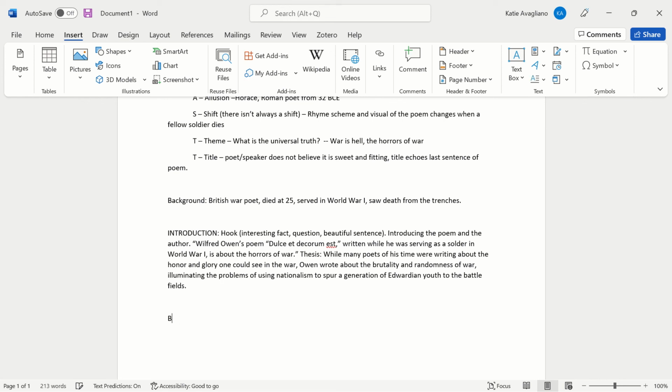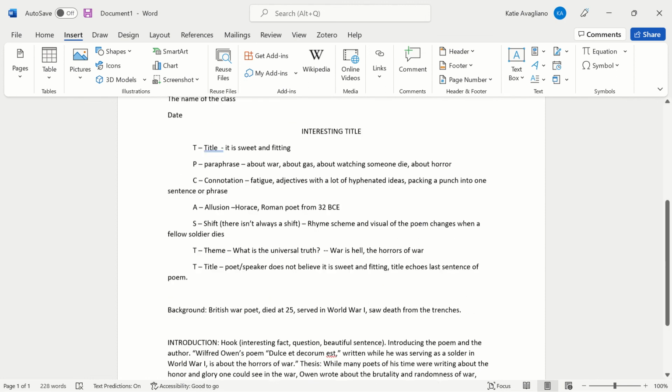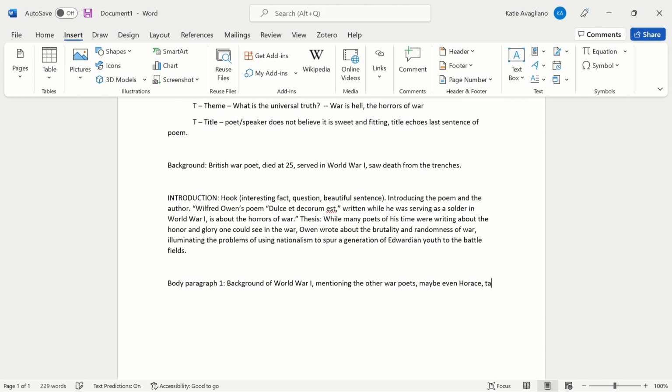So our first body paragraph, body paragraph 1, can be about background of World War I, mentioning the other war poets, talking about maybe even Horace, that guy from Dulce et Decorum, talking about the glory of war.